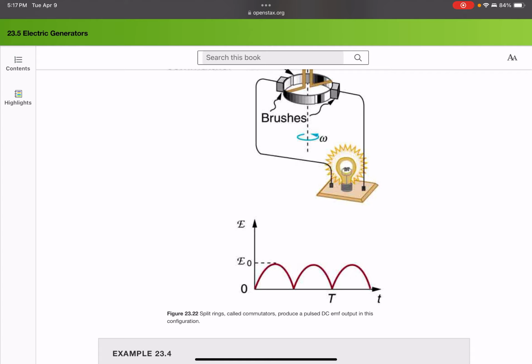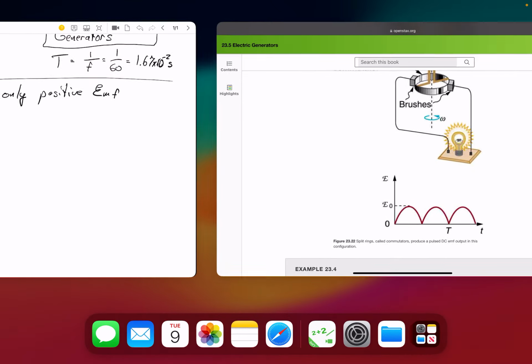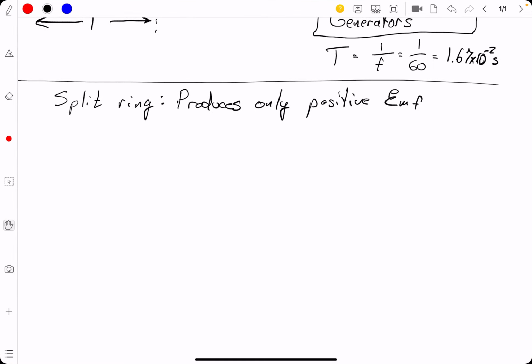And it keeps the current always going in the same direction and our EMF always in the same direction. So it just kind of bounces back and forth. So the old split ring commutator. So I don't need to, the book does a really good job with it.